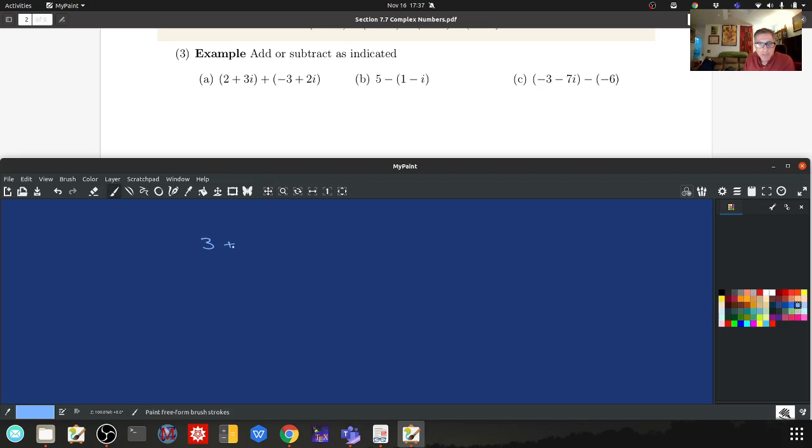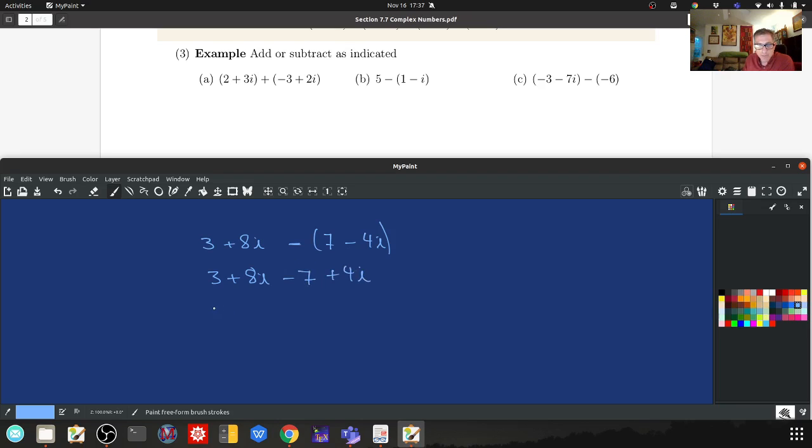3 plus 8i minus 7 minus 4i. So this is 3 plus 8i. Nothing's going to change there. But minus 7 minus 4i, just treat that as multiplying each term by a negative. So that's minus 7. Minus times minus gives me a plus.